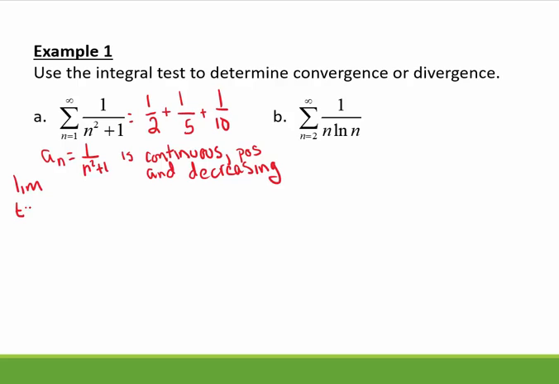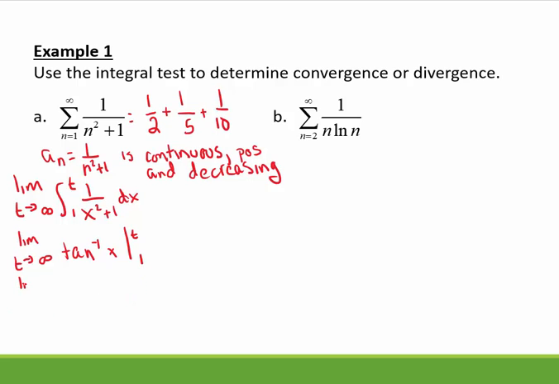Okay, so now I can say that the limit as t goes to infinity of the integral from 1 to t. The antiderivative of this is inverse tangent, evaluated from 1 to t.